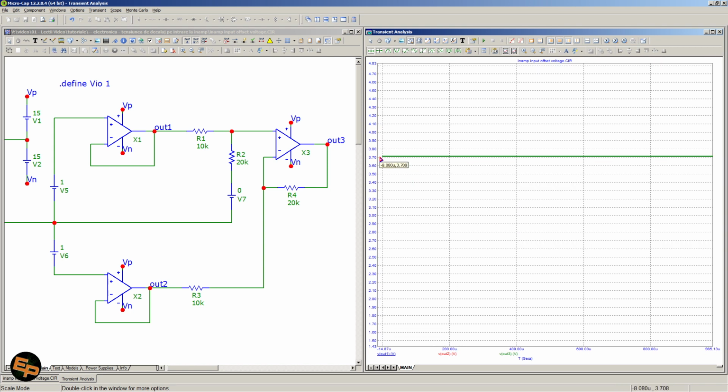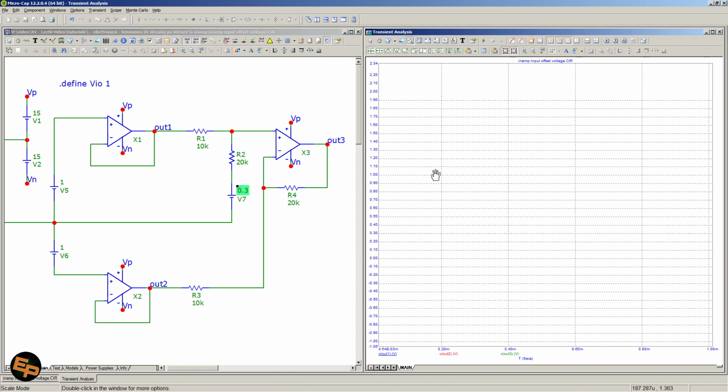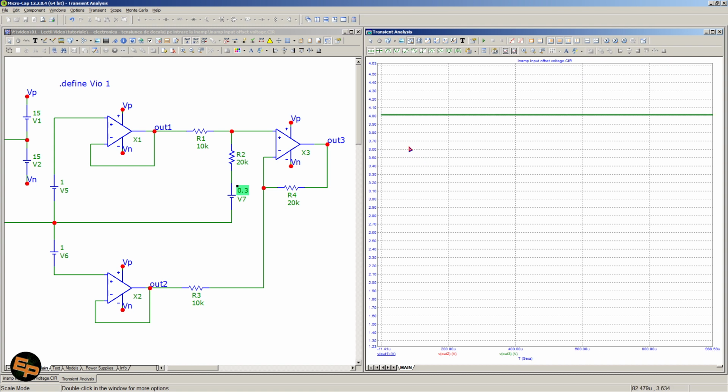However, we have 3.7, because out of these 4 volts, this error gets subtracted, which is 3 times bigger than the input offset voltage, right? So we have 3.7 volts. Now if we want to correct this, we need to add with positive sign this output voltage of 0.3 volts as an offset here, and voila, now we have 4 volts on the output.